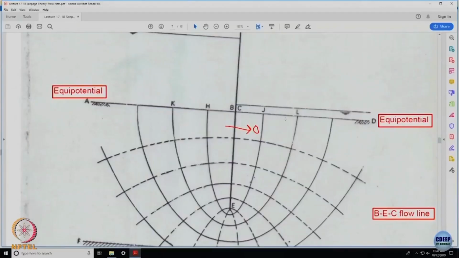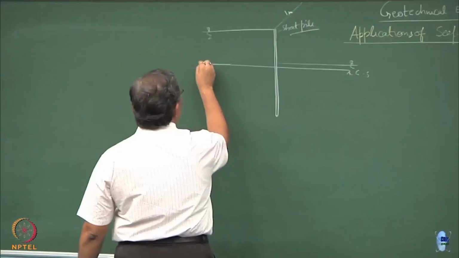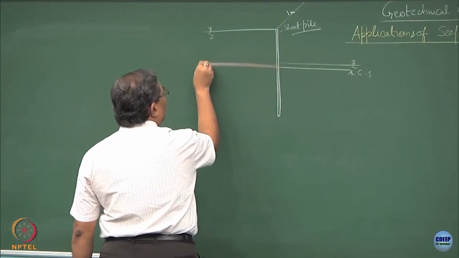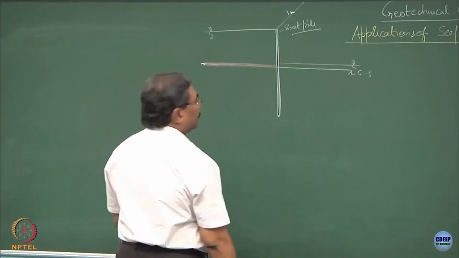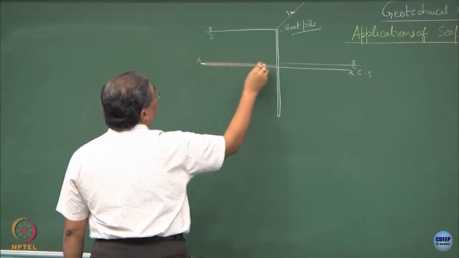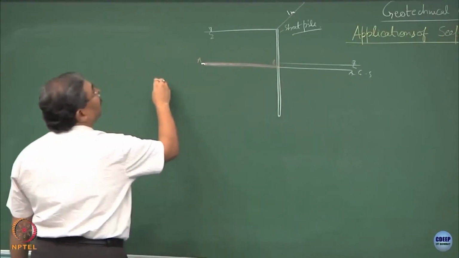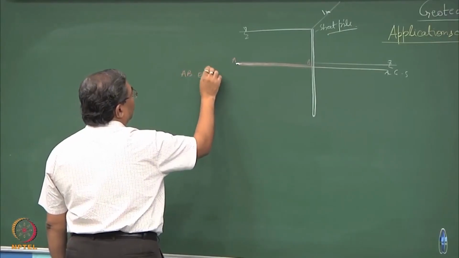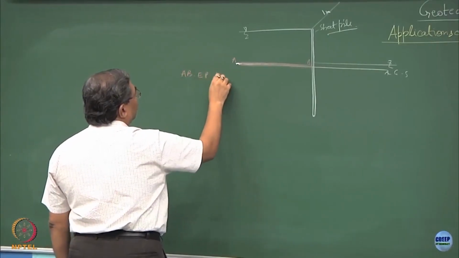Why is it an equipotential line? Have you understood or not, all of you? So, AB happens to be equipotential line. Is this part clear?